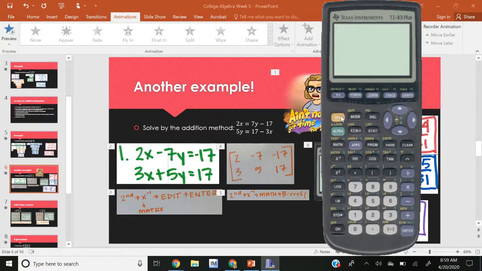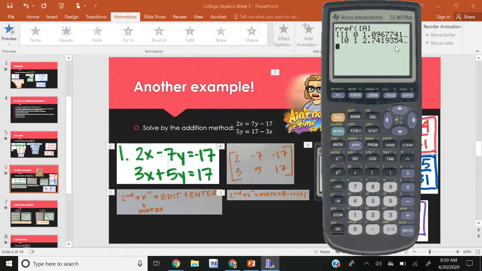We're going to go back to matrix, second matrix, over to math. Now we're going to scroll down a lot, all the way to letter B where it says RREF. Hit enter, and nothing happens because it's waiting for you to tell it what to RREF. So you go back to matrix, and you just hit enter right there on matrix A, and you hit enter.